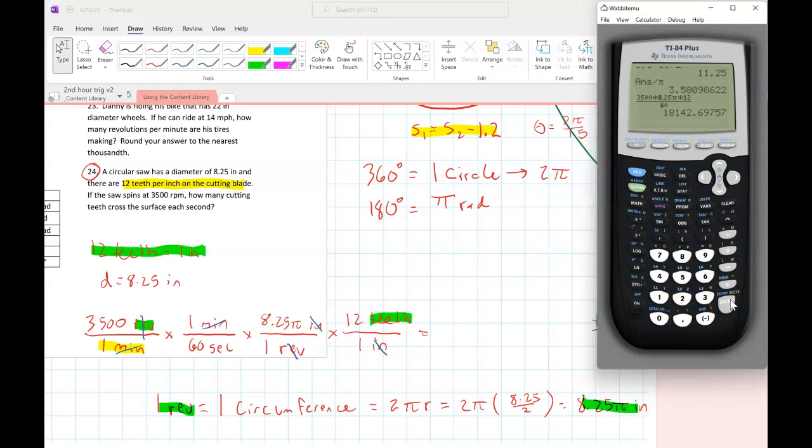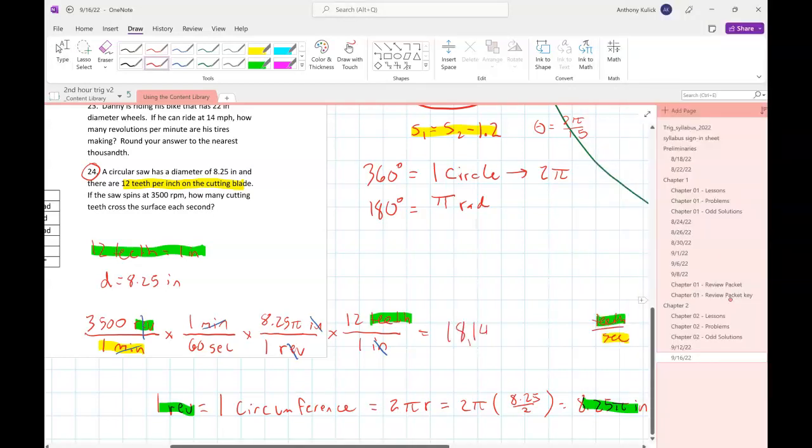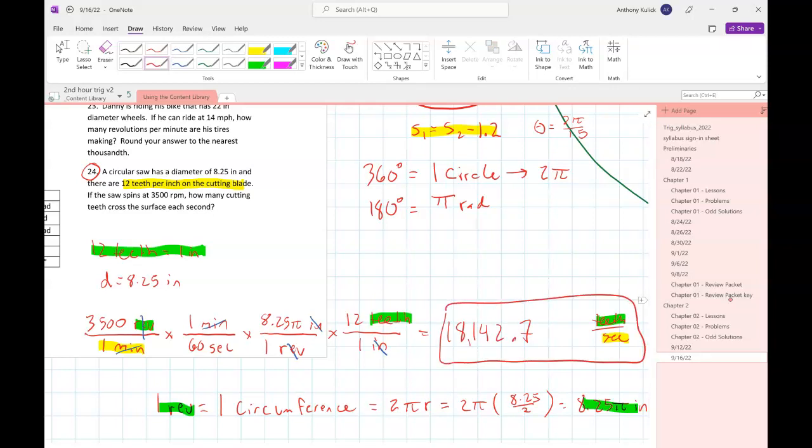So when I do that, I get 18,142.7. It's a lot of teeth. It's a heck of a saw blade. Meow.